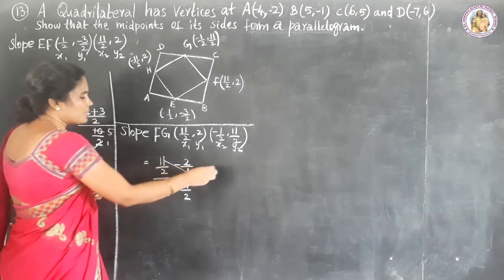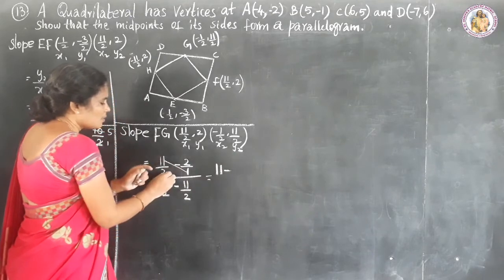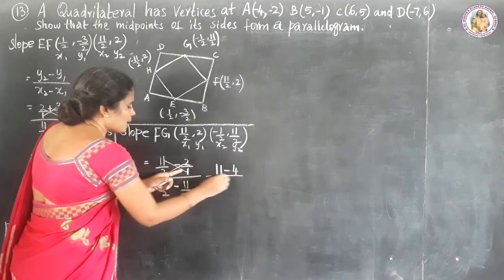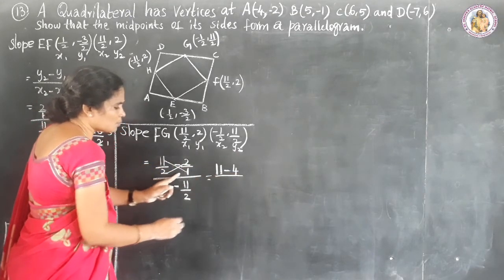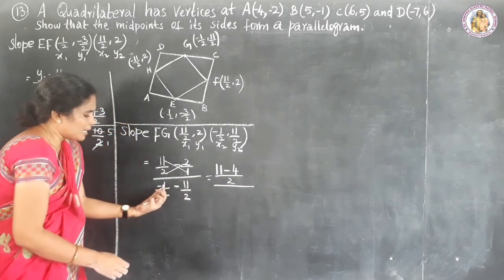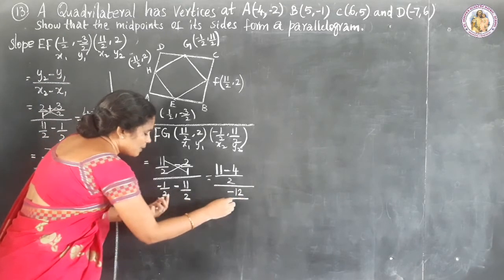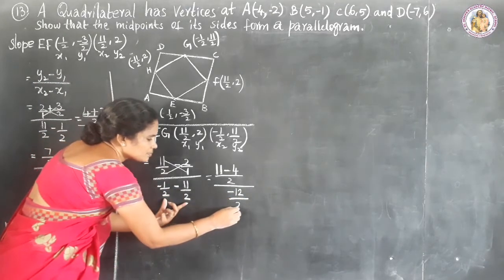Okay, the next step, here 11 by 2 is a fraction and 2 is a whole number. Cross multiply: 11 ones are 11 minus 2 twos are 4, by 1 twos are 2, divided by same sign, so add: 11 plus 1 is 12, minus 12 by 2.